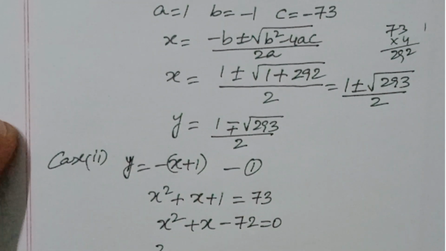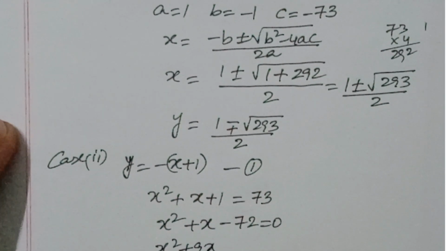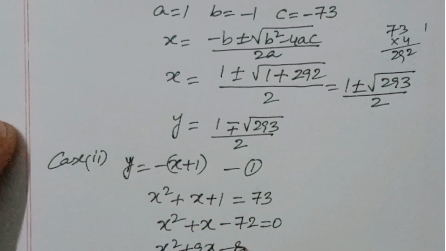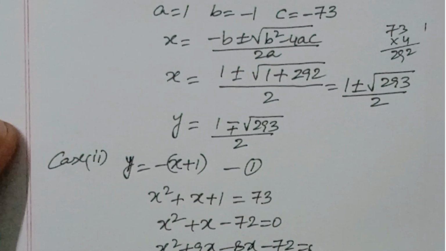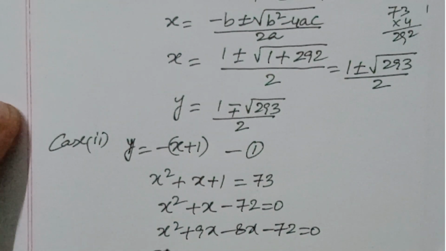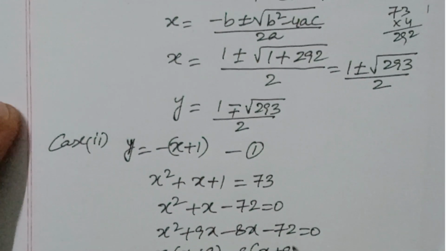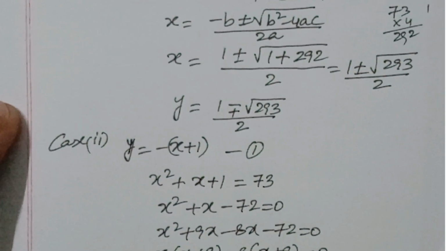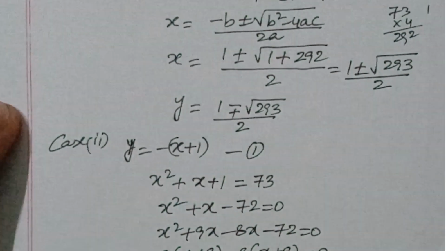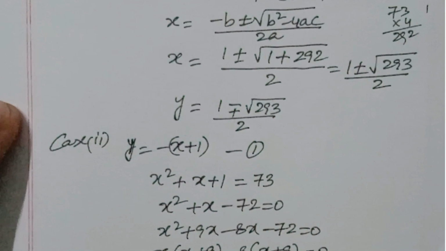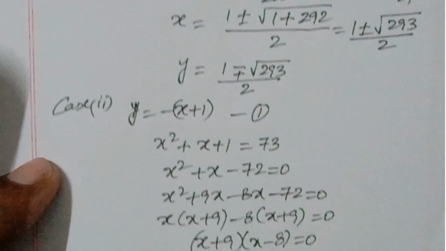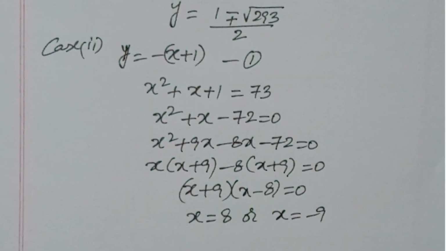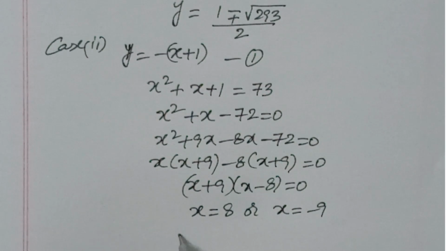We get the factors: x square plus 9x minus 8x minus 72 equal to 0. So x into x plus 9 minus 8 into x plus 9 equal to 0. So x plus 9 into x minus 8 equal to 0. So x is equal to 8 or x is equal to minus 9.